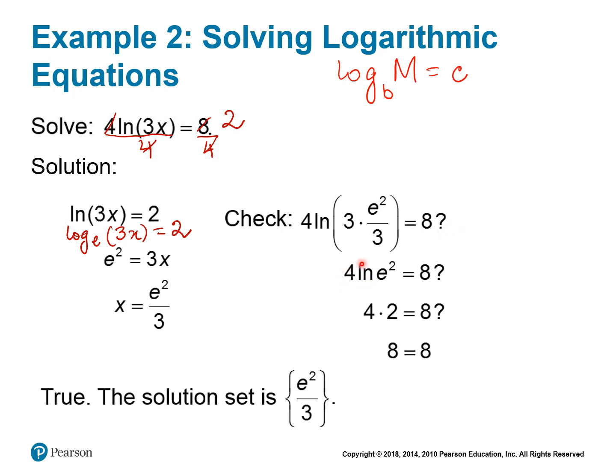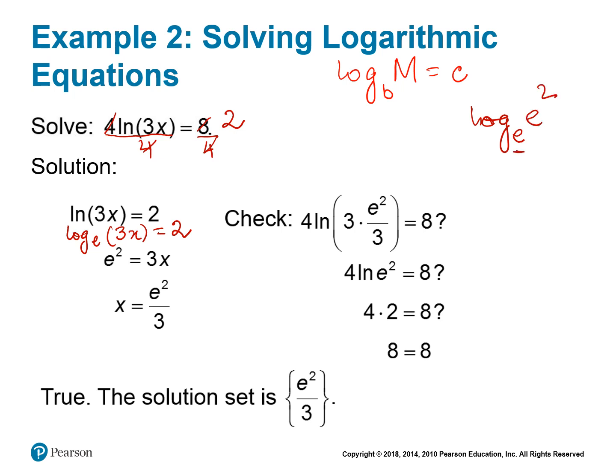So 4 times ln e squared equals 8. Now, ln e squared is whatever this exponent is for the e, right? That's a property we had learned before when we have, let's say, let me write it like this, log base e of e squared.